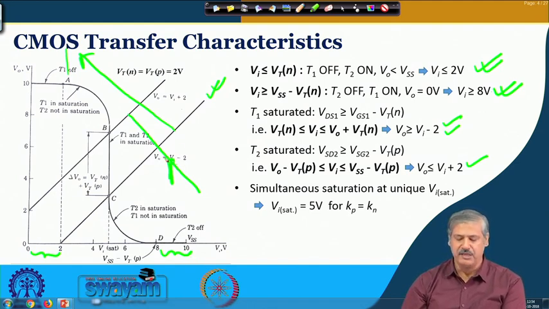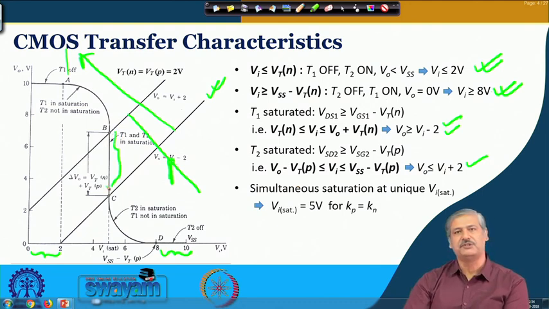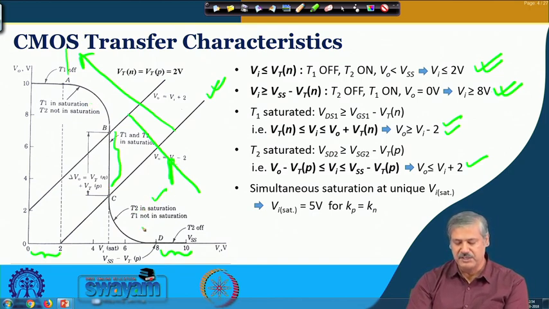So this will be the case when T2 will remain in saturation. So both T1 and T2 remain in saturation in this zone, okay, and the rest of the zones are defined in this manner: T1 in saturation but T2 not in saturation, T2 in saturation but T1 not in saturation, okay. These are the other two.